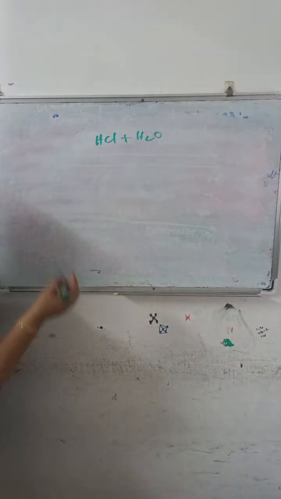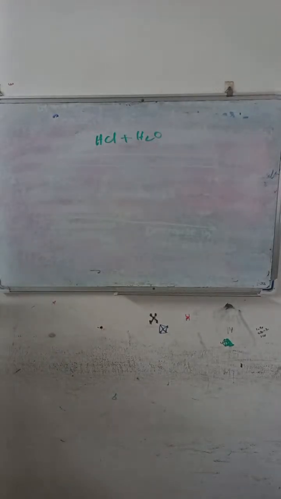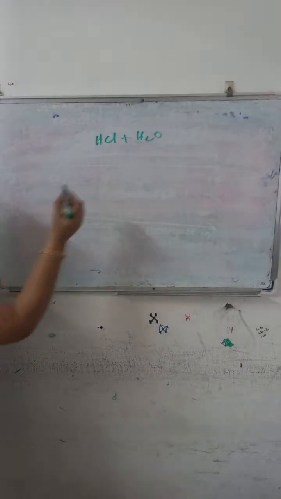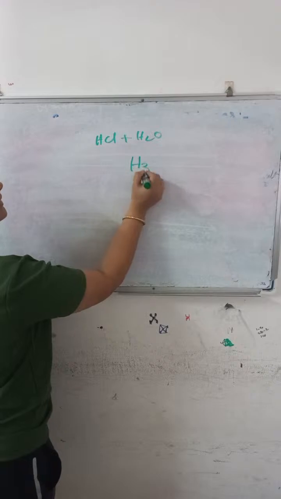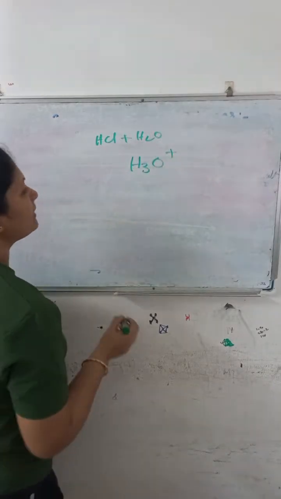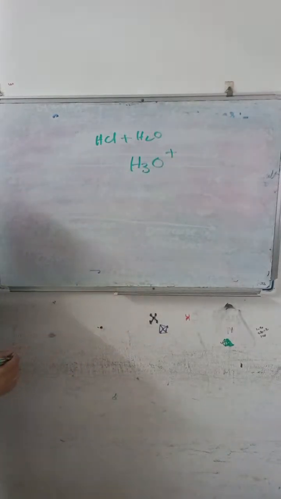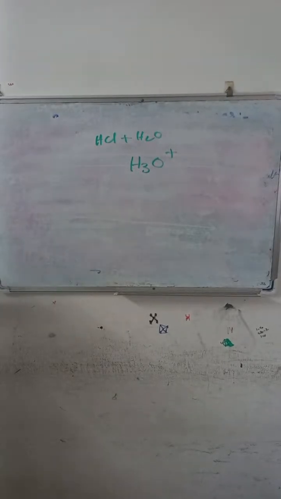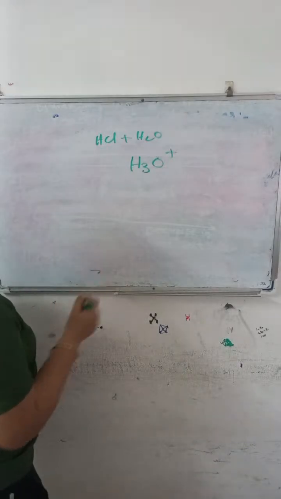So whenever you are adding water into this, a hydronium ion is formed. They are asking what should be formed here. There is a formation of H3O plus ion, and this H3O plus is nothing but your hydronium ion, and this process is called dilution.